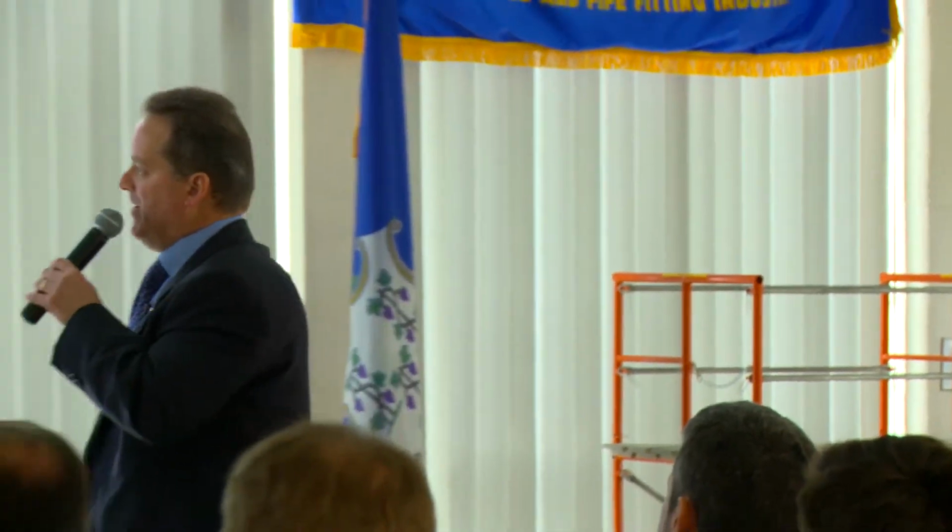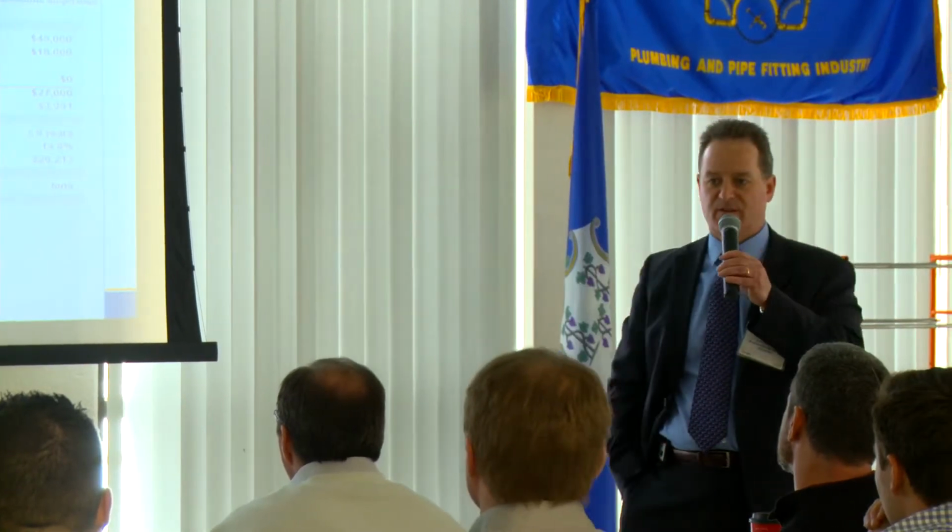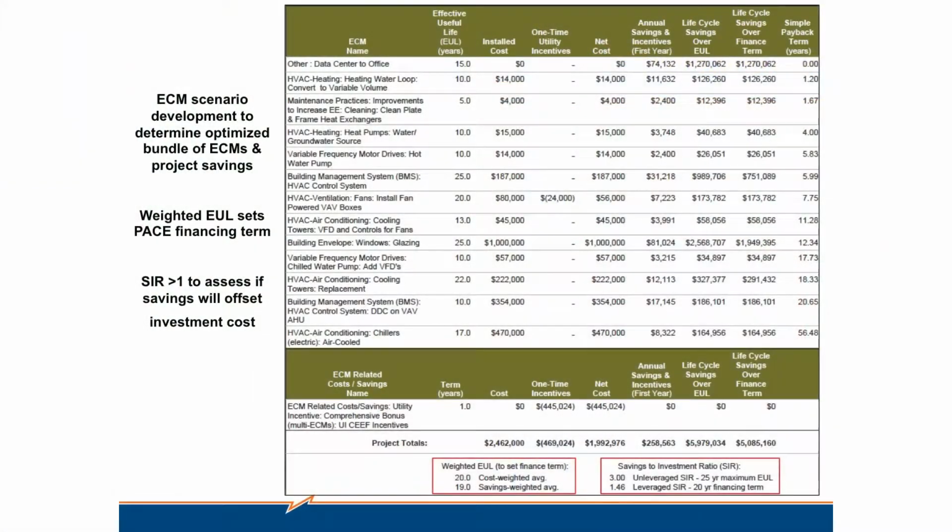I think we talked about the logic of that this morning. As a lender, you don't want to lend on a project where you have equipment replacement costs that have to come into play in a significant way that would upend your financial return metrics. So you want to calibrate the term length in a way that's suitable to the weighted useful life of the various measures.